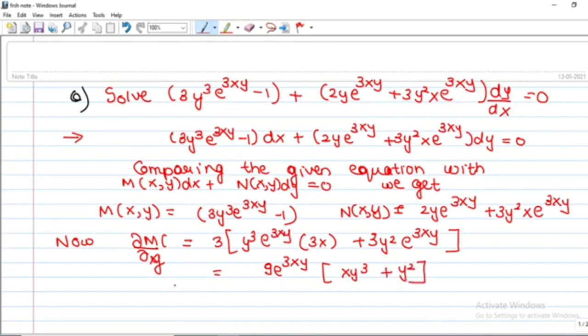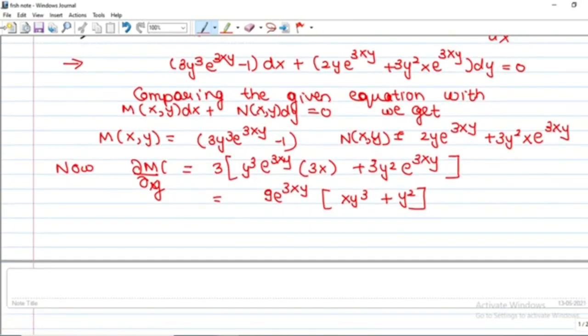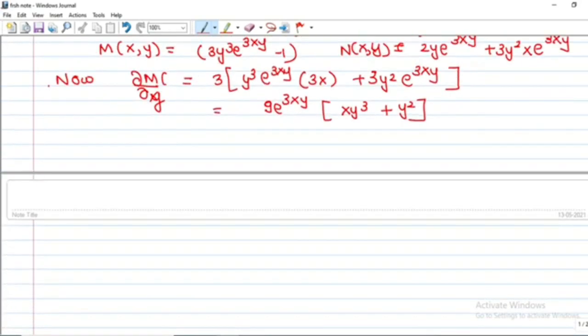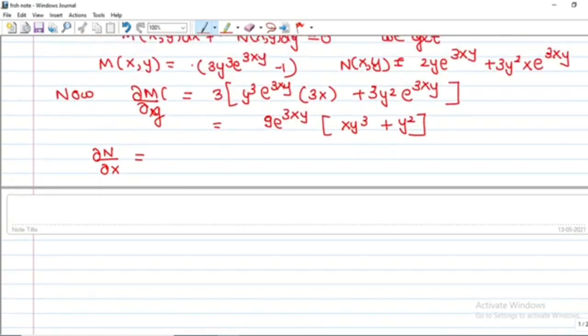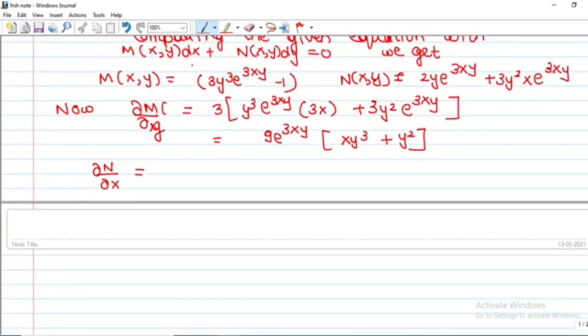Let's move on to the next page. We need ∂N/∂x. Here only the x terms will be differentiated, but in the second term the product rule will be used, so twice the terms will be differentiated.